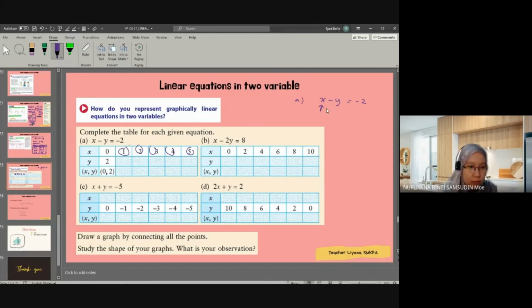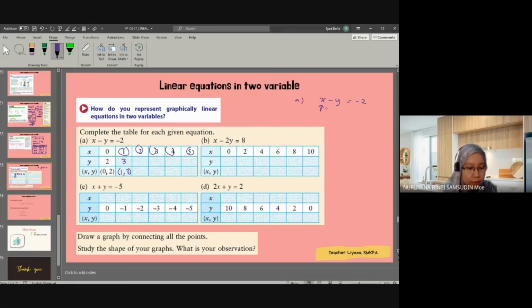So now x is 1. 1 minus y equals -2. With 1, I got y is 3. When I press the calculator, I got 3. So the coordinate here is 1, 3.